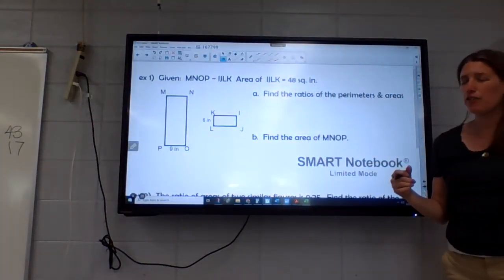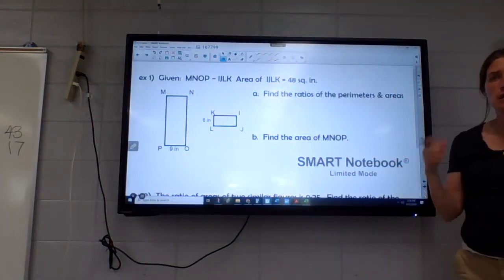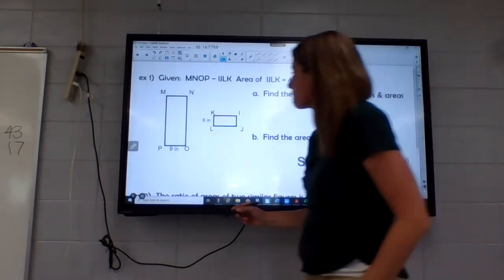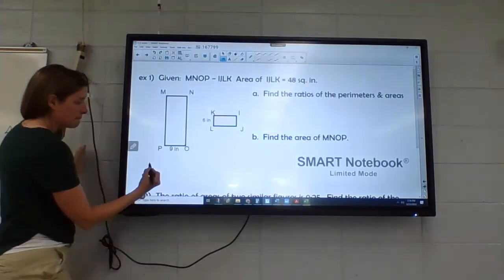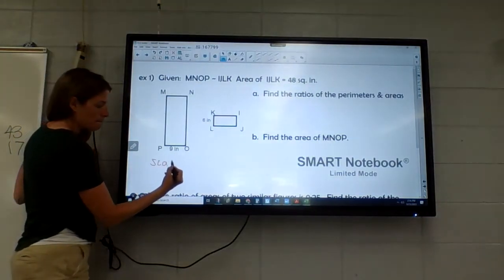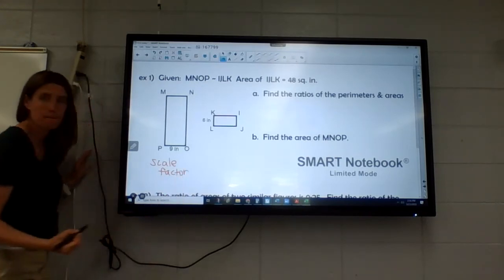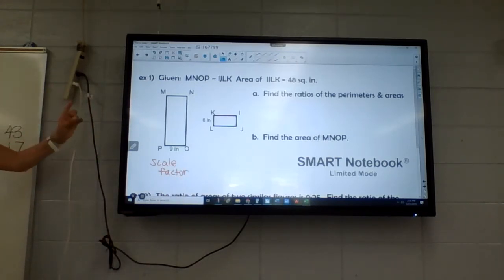Do we know what the scale factor is here? Yes. What's the scale factor? Well, from the first one to the second one is 2/3. Are you talking about from the shorter one to the bigger one? Well, let's go left to right. So 2/3.